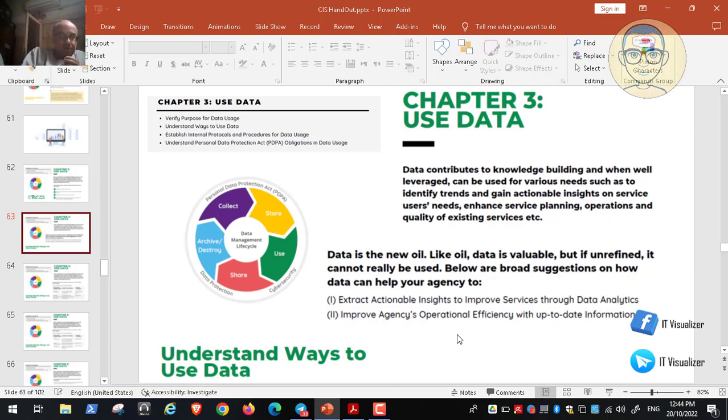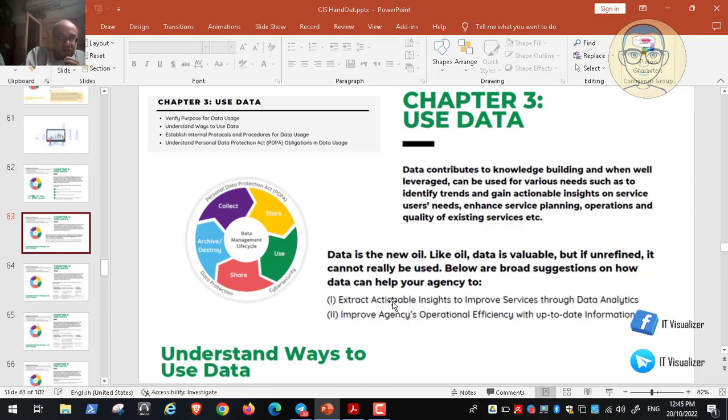So by analyzing the data, you can increase the operational efficiency of your agency, okay, but this should be with up-to-date information. So you should have up-to-date information, and this up-to-date information should be analyzed to improve your operational efficiency.